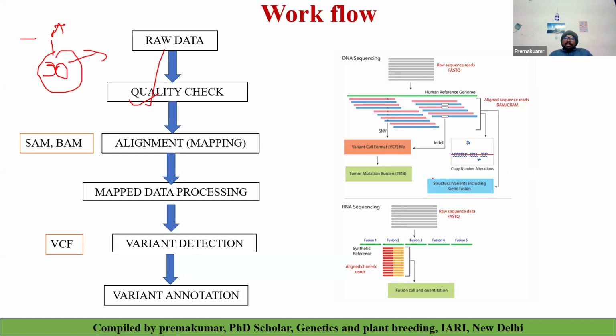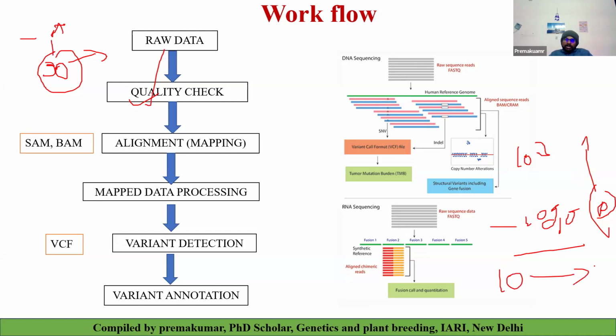What does that mean? For example, you are sequencing 100 base pairs. The Phred score is minus 10 log p, where p is the probability of occurrence of an error. For example, out of 10 you are making one error, so p is 1 by 10, and you will get 10 as the quality score.